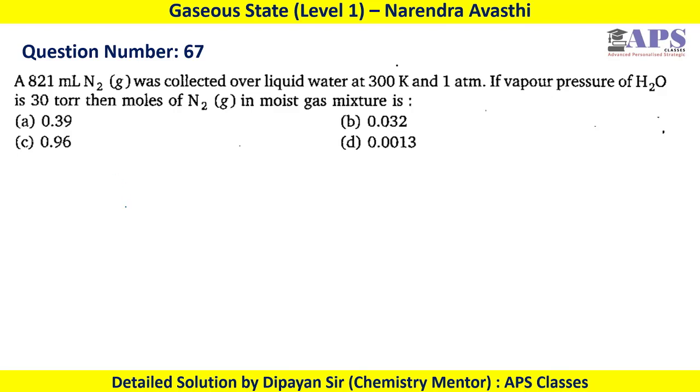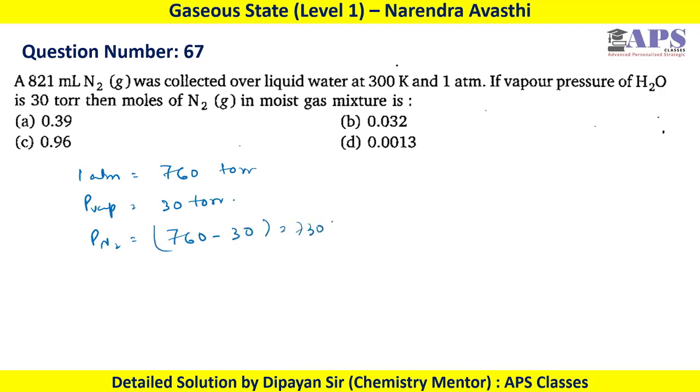Okay, so 1 atm represents 760 torr, and according to the problem the pressure of the water vapor is 30 torr. So the pressure of the nitrogen gas will be 760 minus 30, that is 730 torr, or 730 divided by 760 atm.